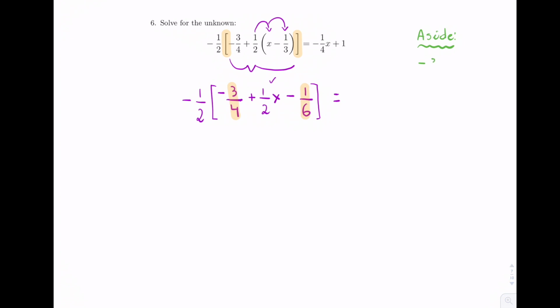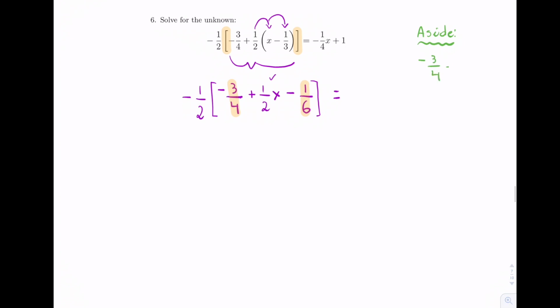I will take -3/4 and -1/6, and then there will be nothing to do with the term that has the x. So I can take these two. Now they don't have a common denominator, so you can find it, and also you can use your fraction button.